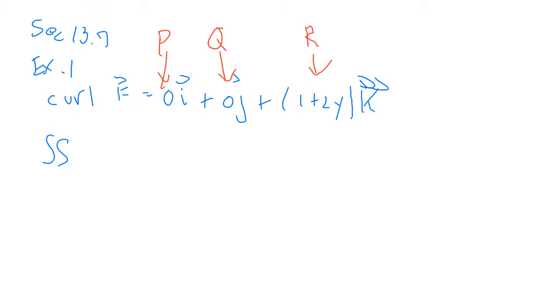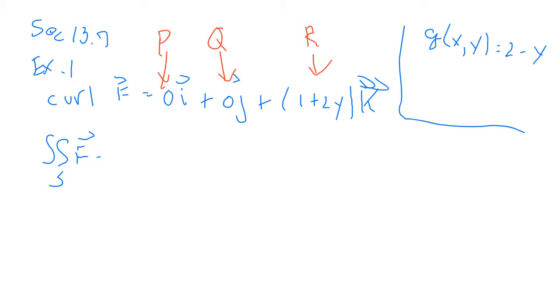Also, let me make a comment here. g of x, y is equal to 2 minus y. That's that plane. The partial of g with respect to x will equal 0. The partial of g with respect to y will equal -1.